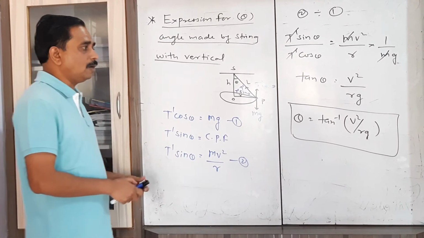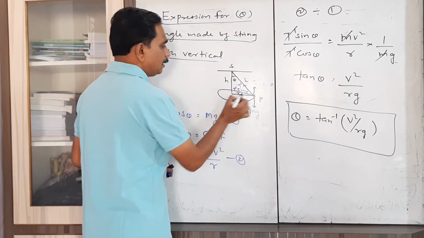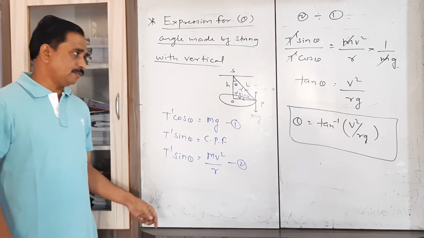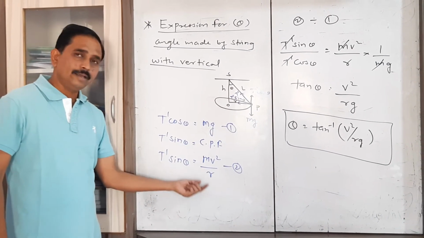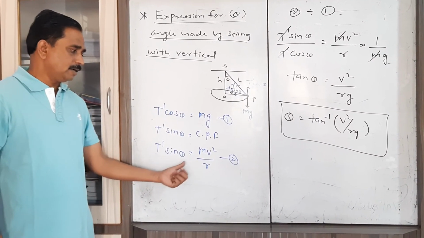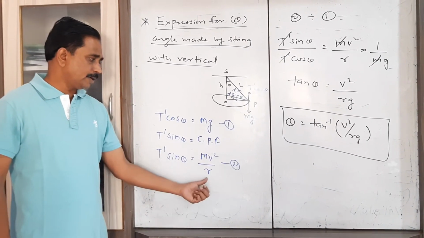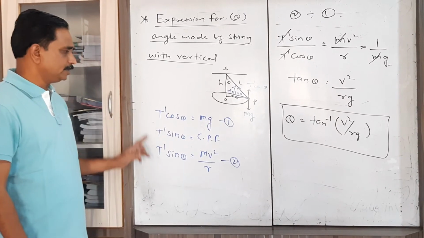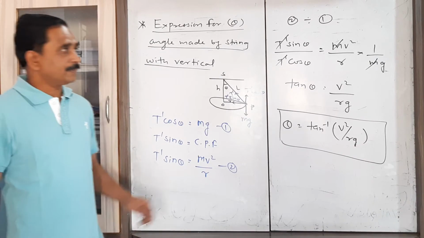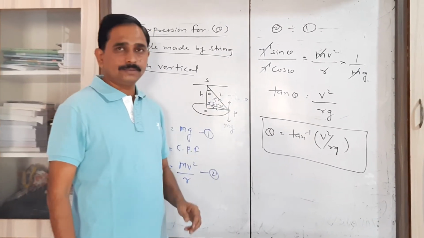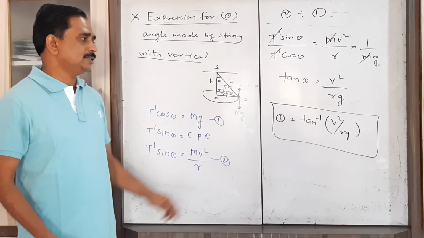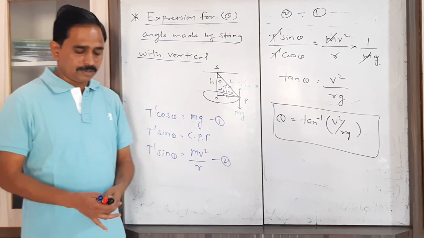The function of T' sin theta is to provide the necessary centripetal force for the circular motion of the metal bob or heavy sphere, that is T' sin theta equal to mv square by r. When you derive these two equations it is very simple. Divide 2 by 1 and cancel out the similar terms.